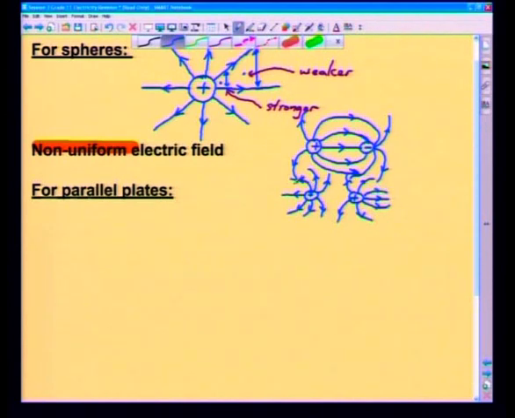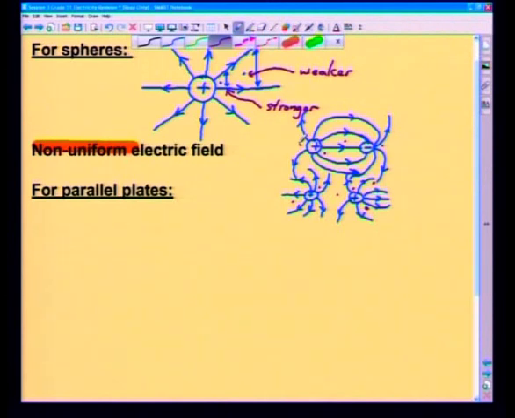Now, this indicates repulsion. But the same thing, again, the field is not the same throughout. The field at that point is not the same as the field at that point. So we don't have uniform field. Even here, we won't have uniform fields because the distances between the field lines are not the same throughout. So we have non-uniform fields here.